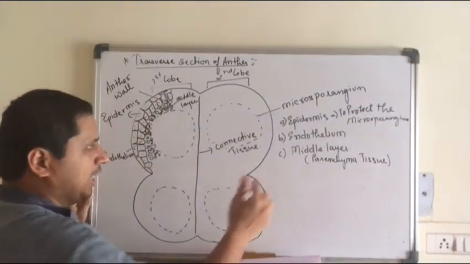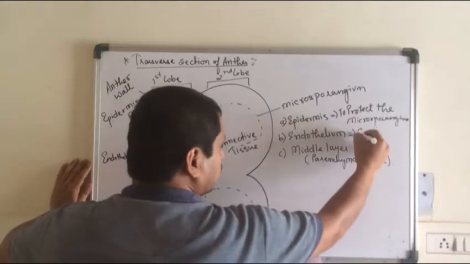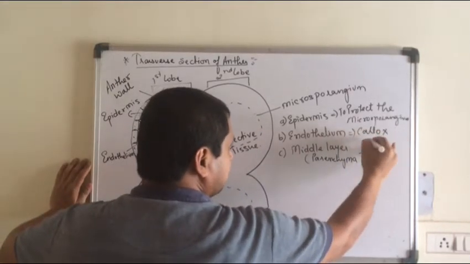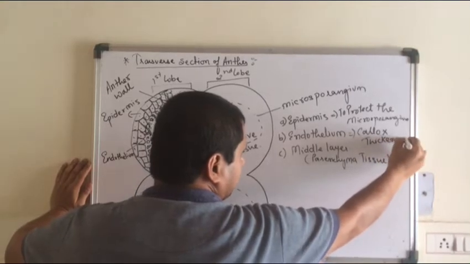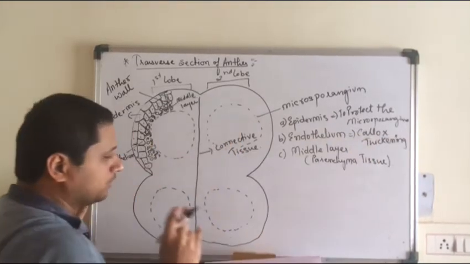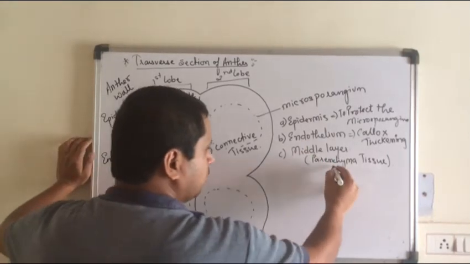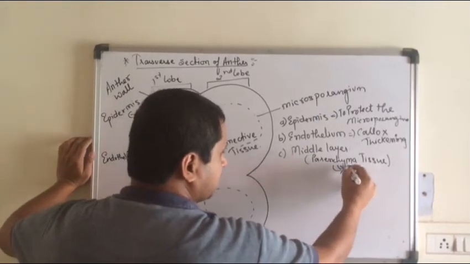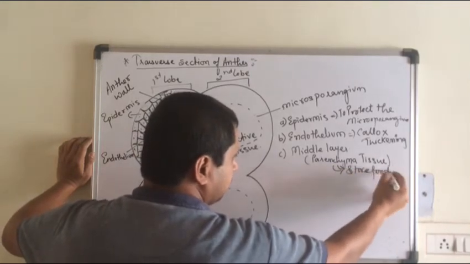Apart from that, the endothelium has a substance known as callose, or fibrous thickening. The middle layer is loosely arranged and made up of parenchyma tissue. Parenchyma tissue has one function, that is to store food, children.